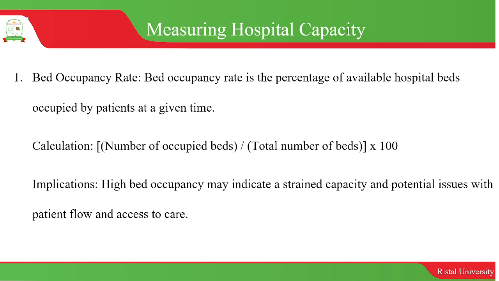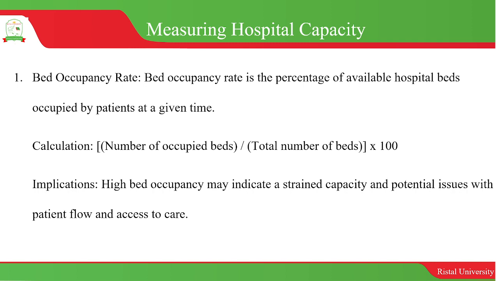The implications: a high bed occupancy rate may indicate a strained capacity and potential issues with patient flow and access to care. So basically, the bed occupancy rate will always tell us many things in our planning process. It could indicate issues with patient flow or even access to care.